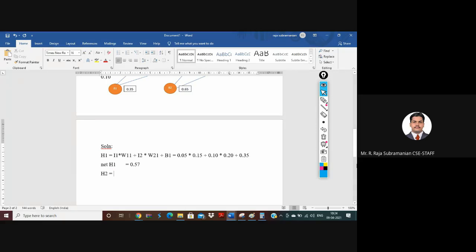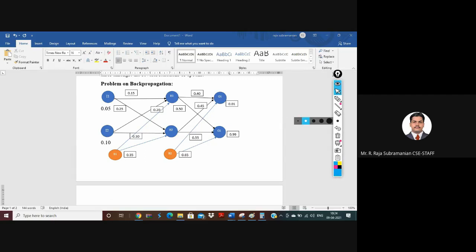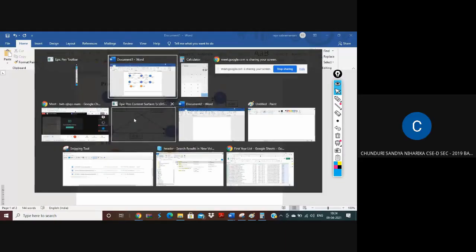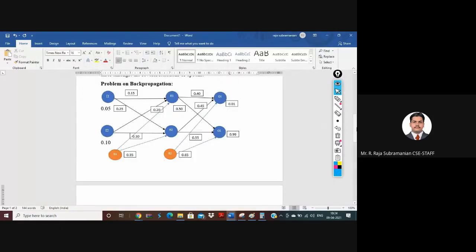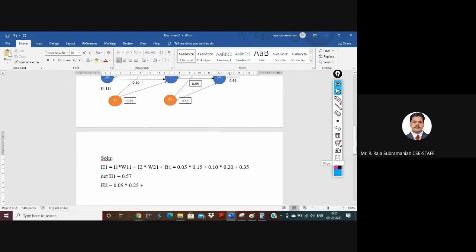How can H2 be calculated? 0.05 into what? 0.25. Is it 0.05 into 0.25 plus... or we can write the formula.